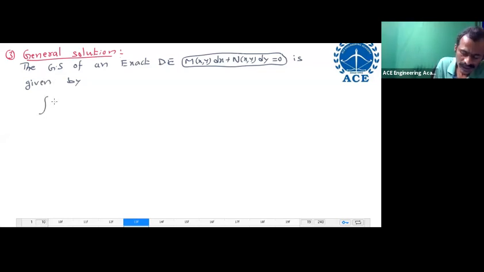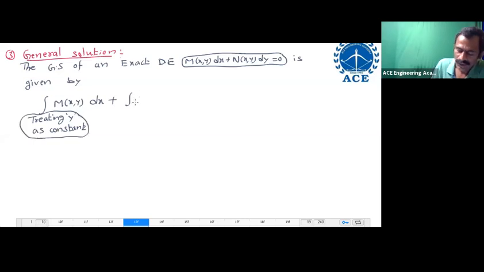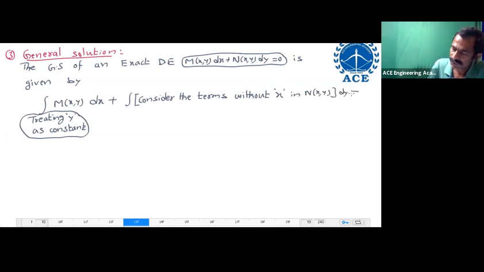integral of M of x comma y dx, treating y as constant, plus integral of the terms without x in N of x comma y dy, equal to c.